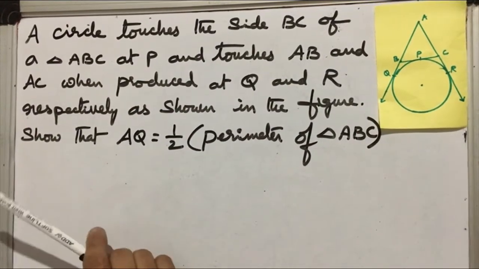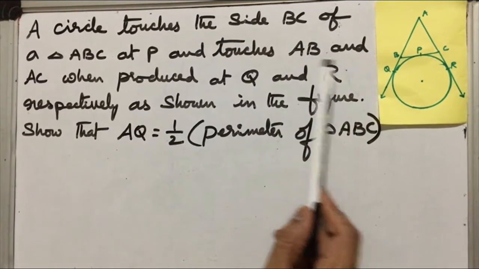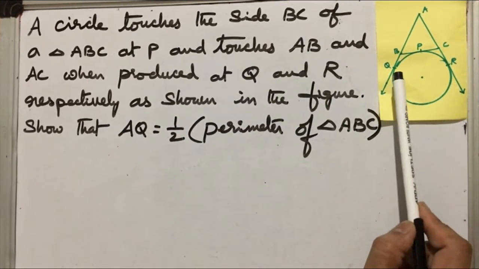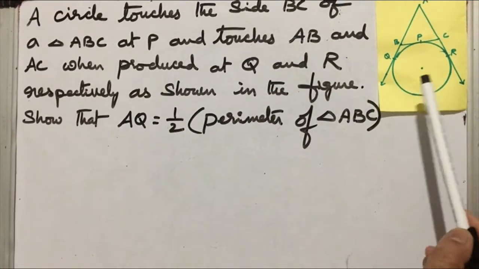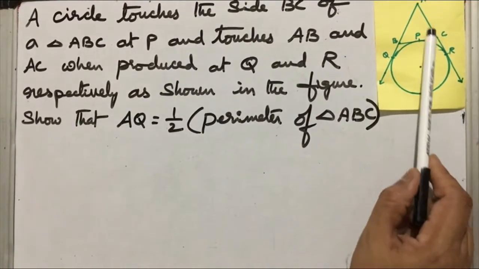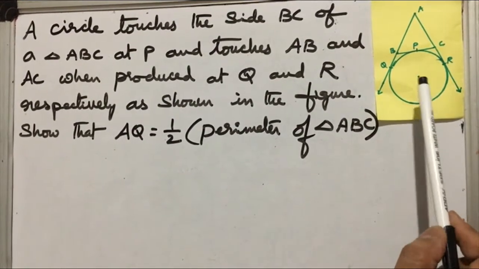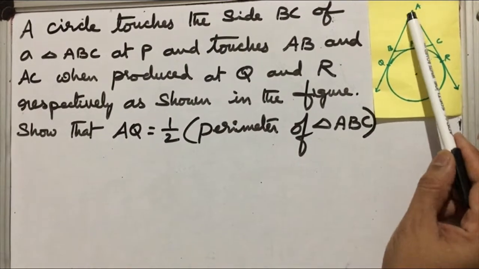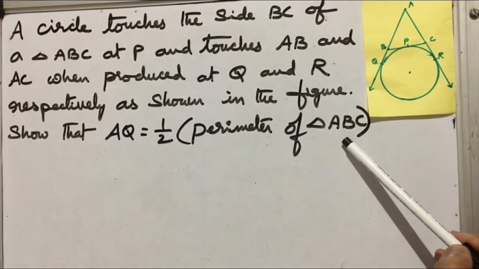Here the problem is, a circle touches the side BC of a triangle ABC at P and touches AB produced at Q and AC produced at R respectively, as shown in the figure. We have to show that AQ is equal to half of the perimeter of triangle ABC.